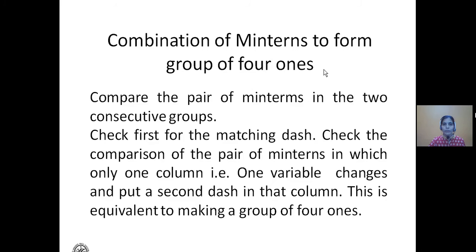So the procedure is: compare the pair of min terms in the two consecutive groups, check first for the matching dash, then check the pair of min terms in which only one column is changing, that is one variable, and put a second dash in that column. And this is equivalent to making a group of 4 ones.